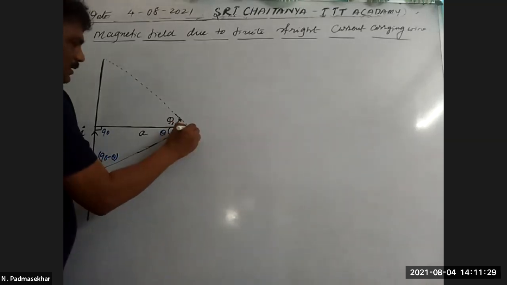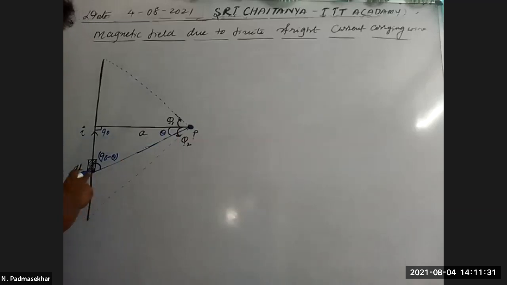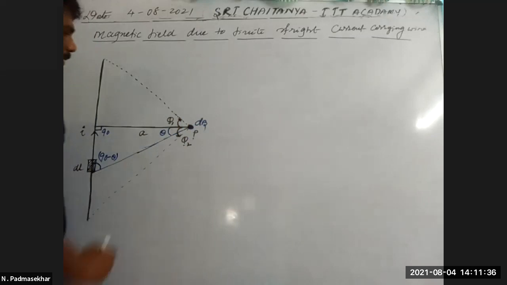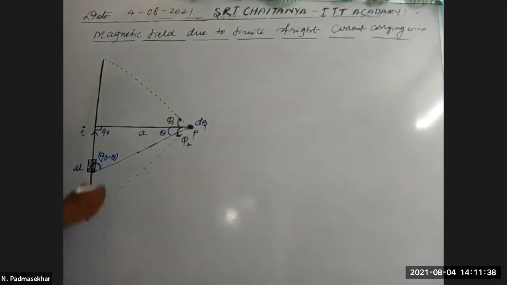The magnetic field at this point due to this current carrying element, I call dB.